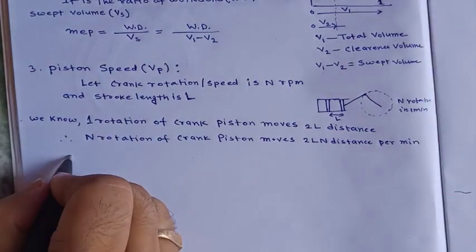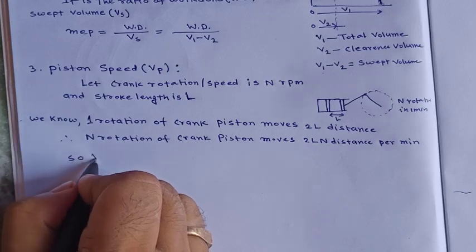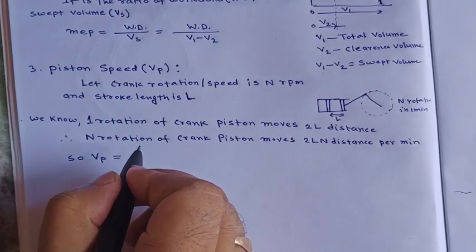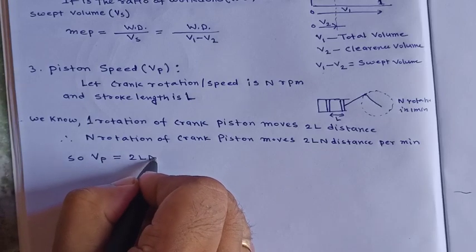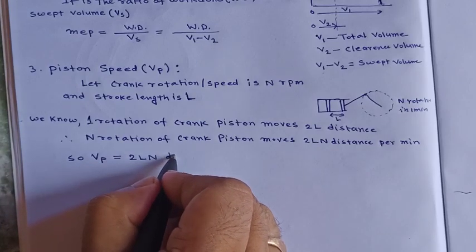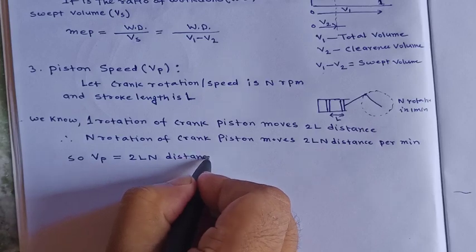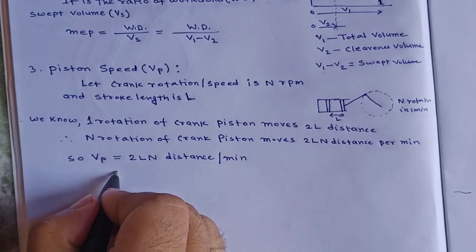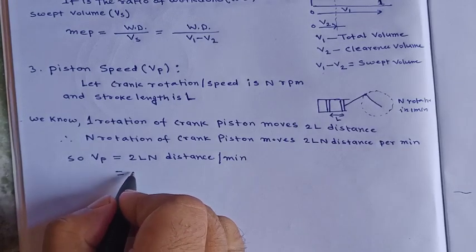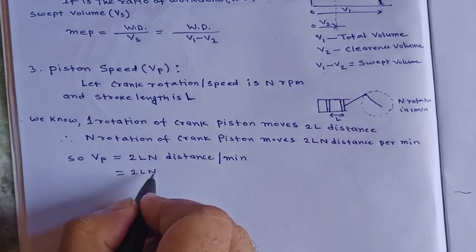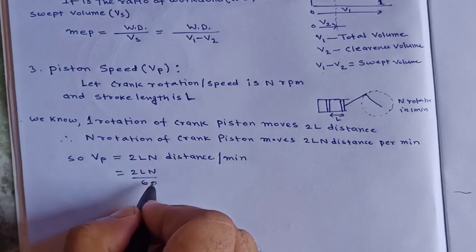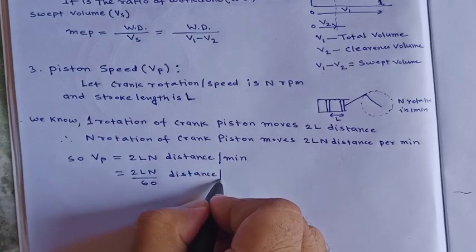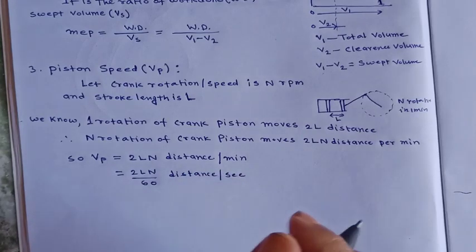So Vp, piston speed, is 2Ln distance per minute, which equals 2Ln by 60 distance per second.